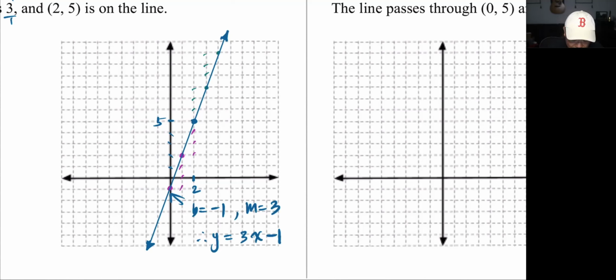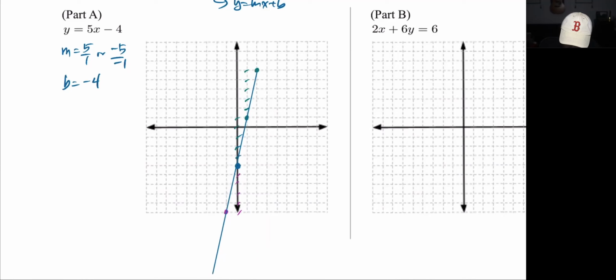Going up is 5. 1, 2, 3, 4, 5. Right 1. How about let's do the other one, negative 5. 1, 2, 3, 4, 5, negative 1. Okay, that's not bad. So we will connect these two lines. Okay, there you go.